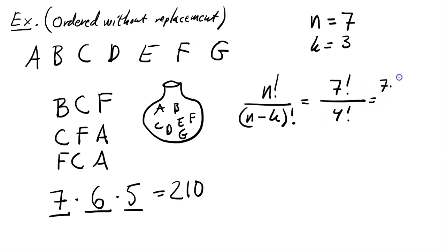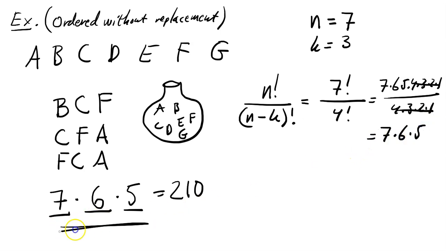So this is 7 times 6 times 5 times 4 times 3 times 2 times 1 divided by 4, 3, 2, 1. You see here you can cancel that. This is just 7 times 6 times 5. But that's just what we arrived at here. So in this case we have an ordered draw without replacement, since we can think of this as drawing letters from an urn without replacement.